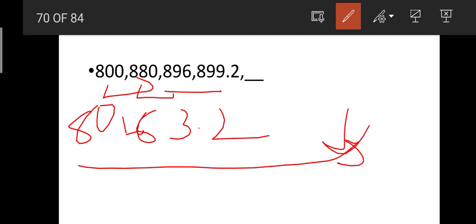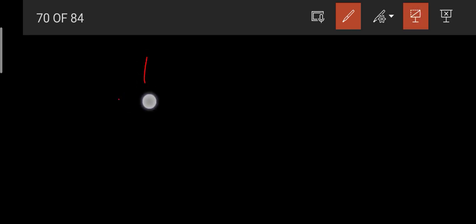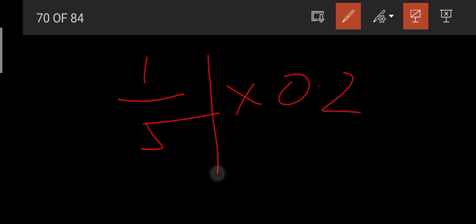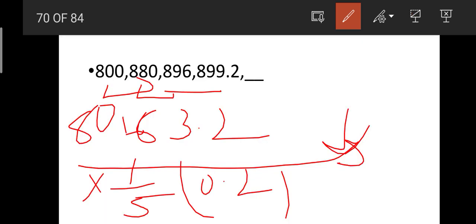So for 80 to become 16, it should be divided by 5, or it should be multiplied with 0.2. Okay, if you observe the next one also, for 16 to become 32, it should also be multiplied with 0.2.